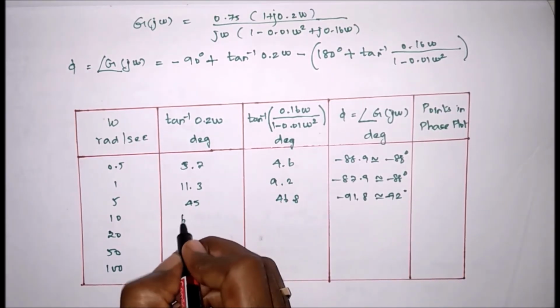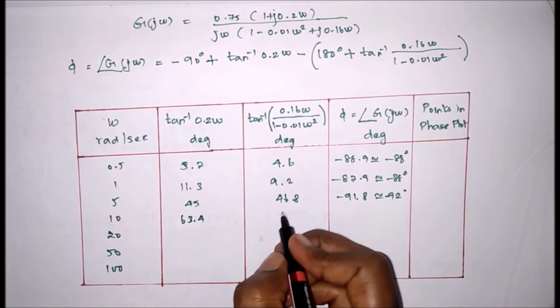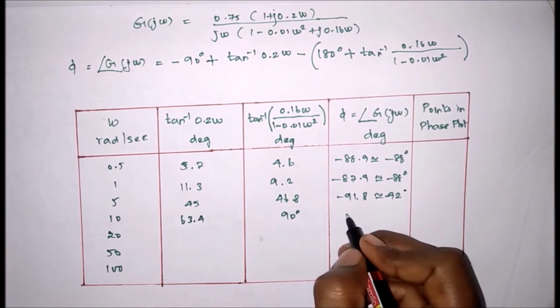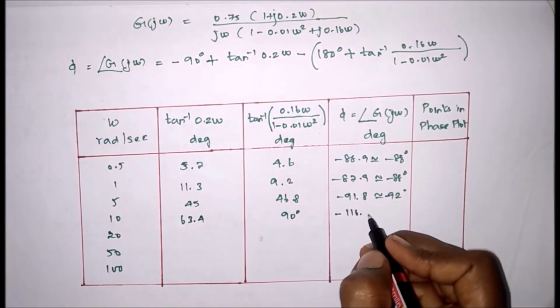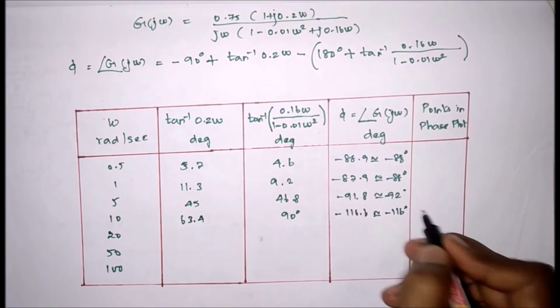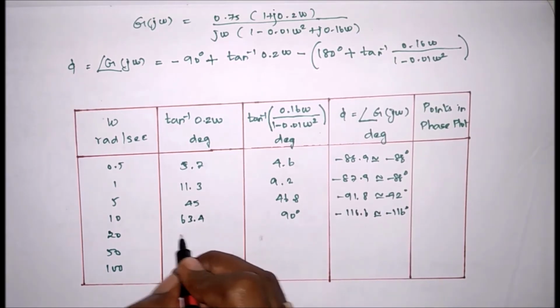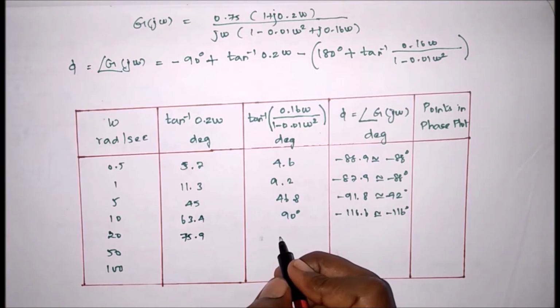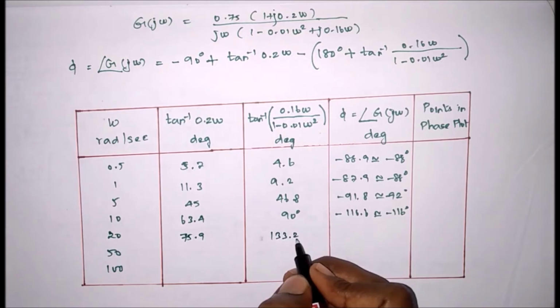Then for 10, we will get 63.4. Here we will get 90 degree. Then final value is 116.6, approximately we can say minus 116 degree. Then for 20, we will get 75.9. Then for second term, we will get 132.2.